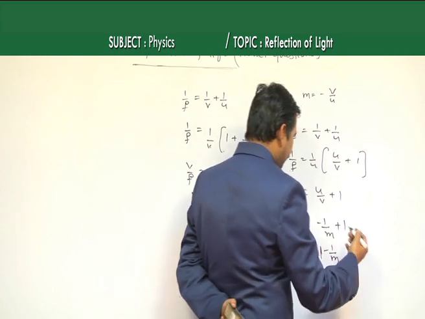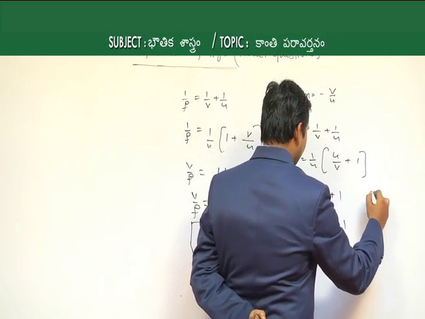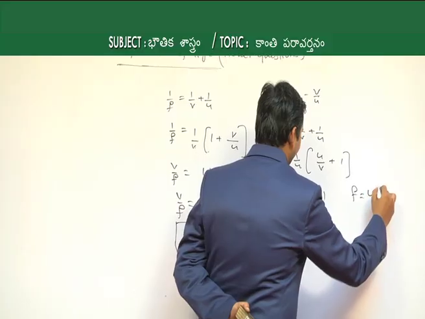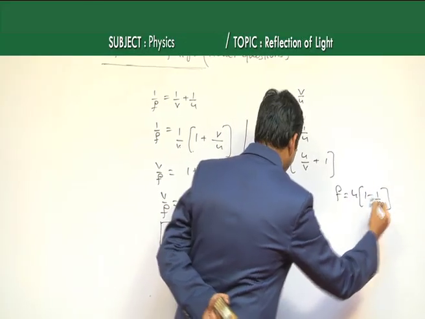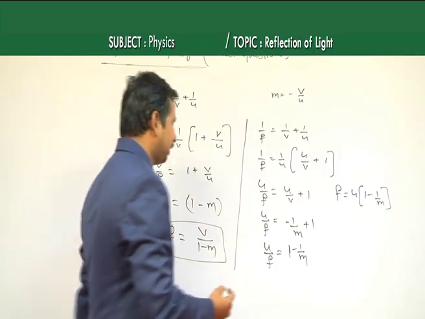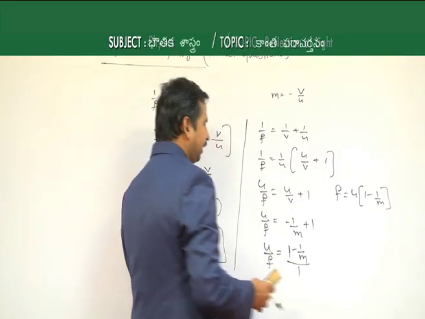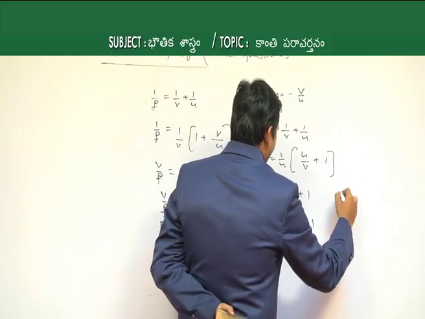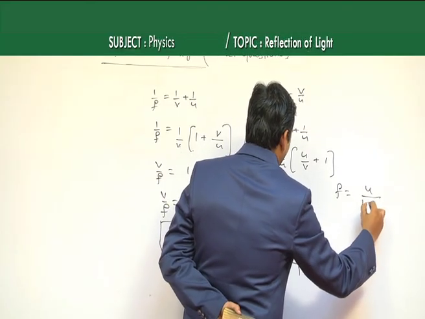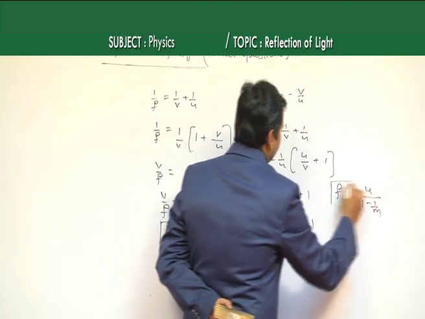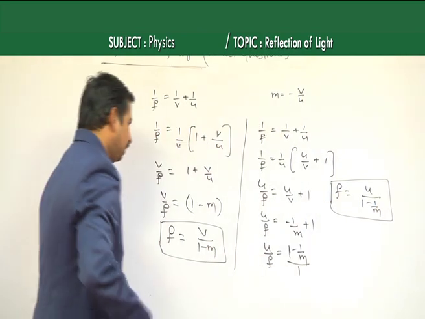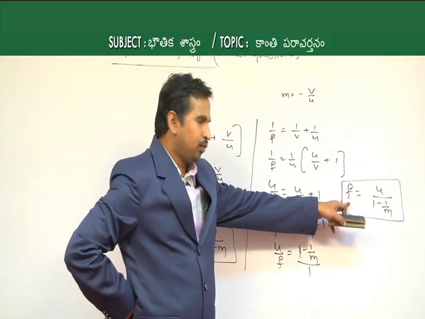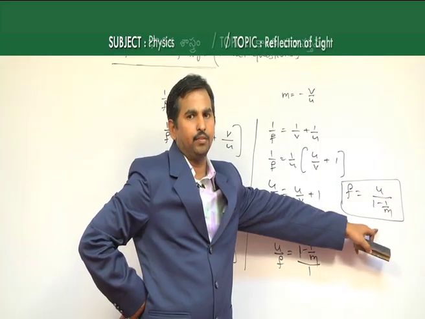Then from this, f = u/(1 - 1/m). This is for the case where the object distance and magnification are given, and the earlier one is for when the image distance and magnification are given.